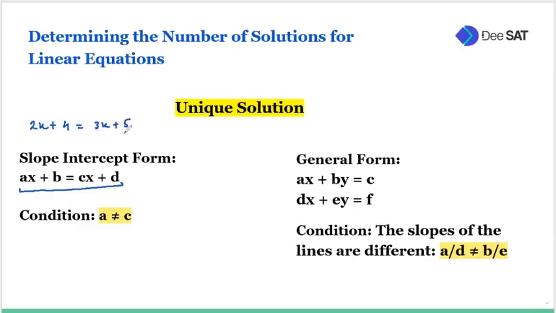Now, these are two different slope-intercept forms, as they just equated the y. You need to understand that this 2 is not equivalent to 3. That means the slopes are different, and if the slopes are different, we will definitely have a unique solution. In the case of general form, as I suggested, just look at the coefficients of x and y. That means A by D should not be equivalent to B by E. If that is happening, it's a unique solution.